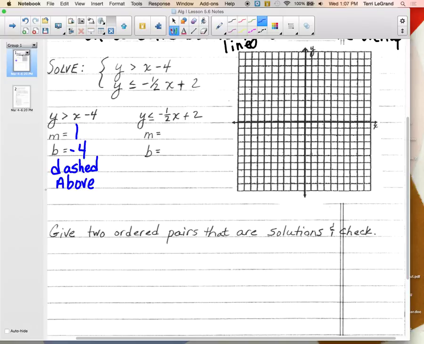So go ahead, if you agree with me and you agree with yourself, go ahead and graph that boundary line. And also do the shading on that graph. Don't even worry about the other one yet. We're only going to focus on this one.